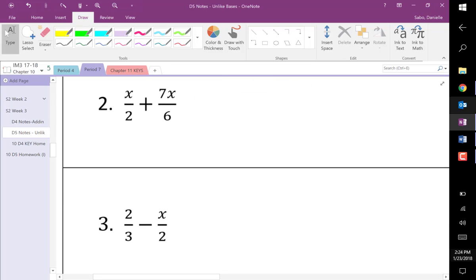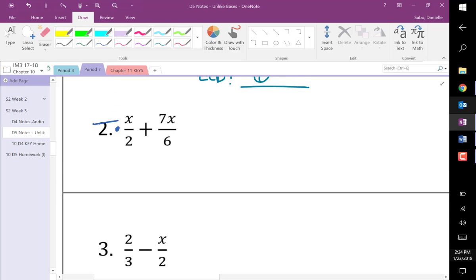So what would I have to multiply the top and bottom by for this first fraction in order to have 6 in the denominator? What would I have to multiply 2 by to get my LCD? 3. So that's the number you use. I use 3 over 3.